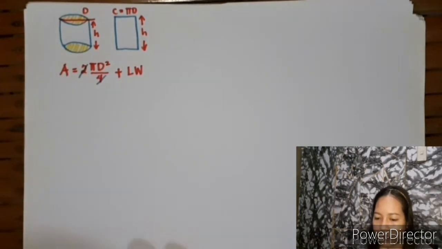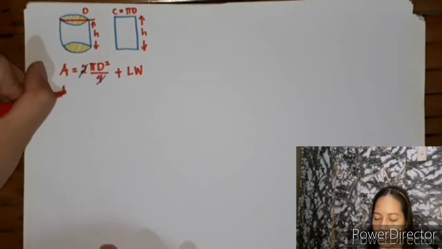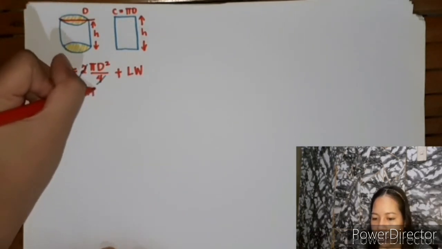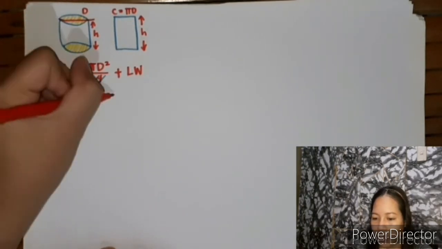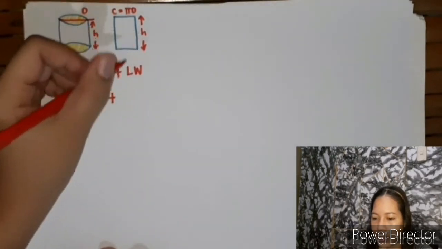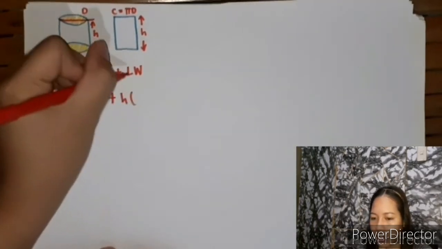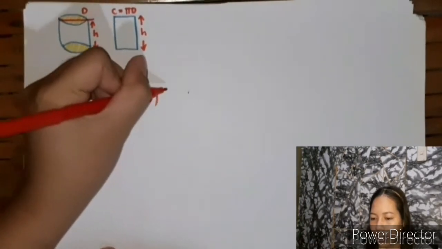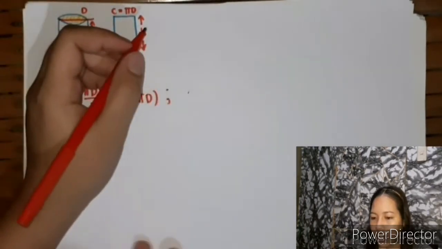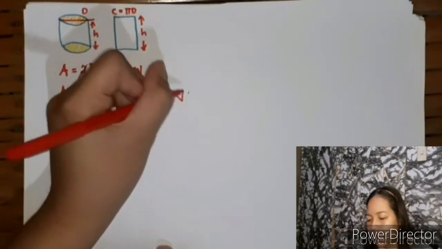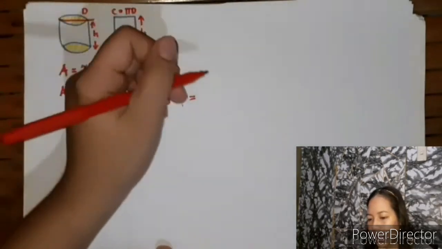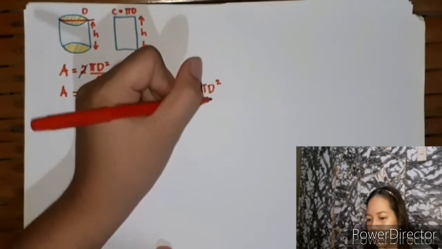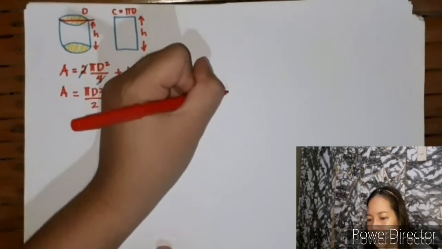It will become area is equals to pi d squared all over 2 plus our L is the h, height, times our width, the pi d, and we will get also the height where v is equals to pi d squared all over 4 times height.